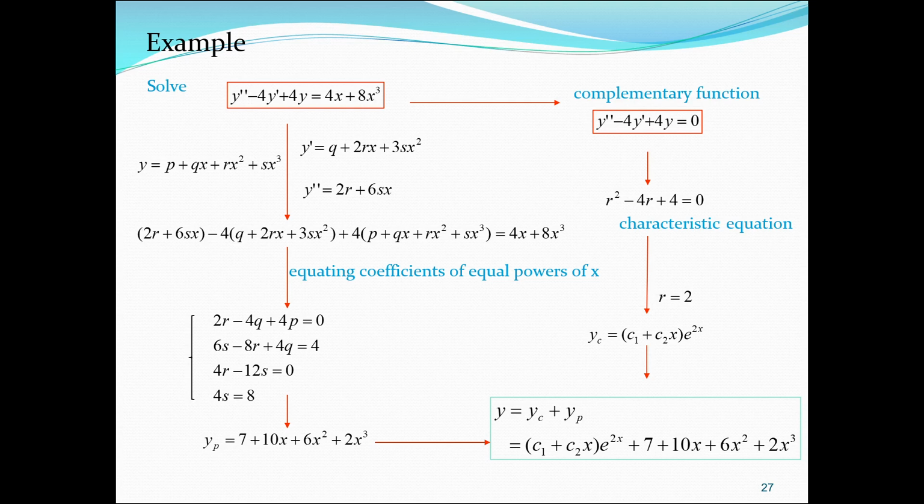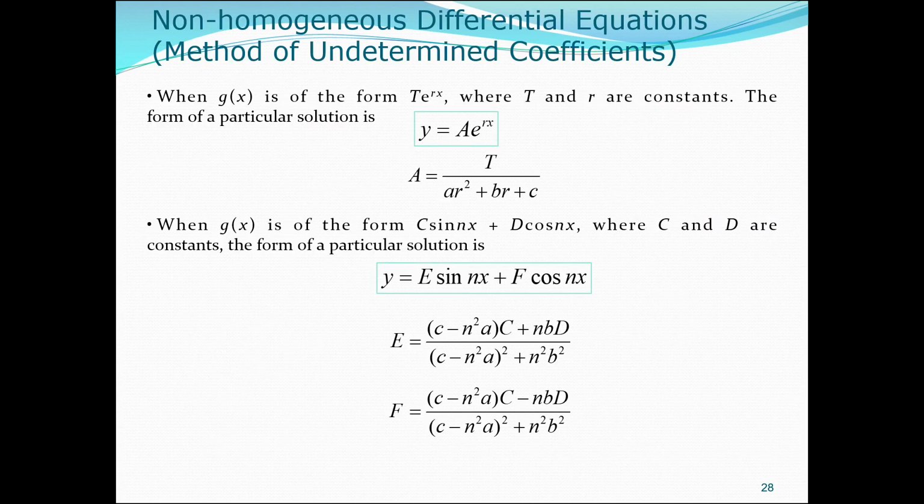The solution becomes y equal to (c1 plus c2 x) into e power 2x. Now equating the coefficients, yp equal to 7 plus 10x plus 6x square plus 2x cube. Therefore the final solution becomes y equal to yc plus yp, that is (c1 plus c2 x) into e power 2x plus 7 plus 10x plus 6x square plus 2x cube.